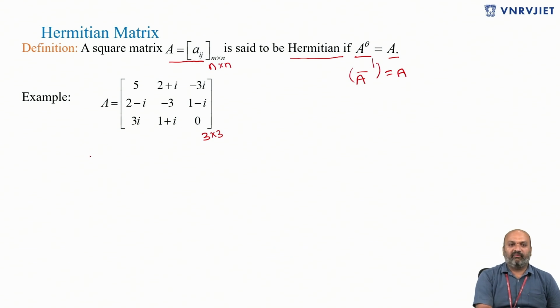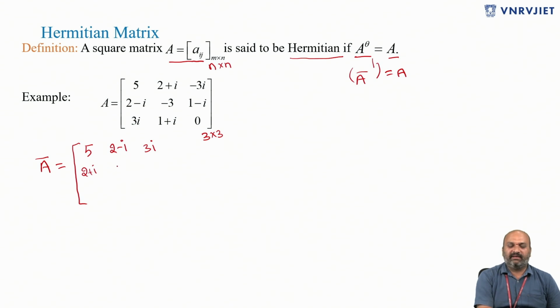First, we'll find the conjugate of the matrix, that is A bar. 5 is a real number, so its conjugate is itself. 2 plus i, the conjugate is 2 minus i. Minus 3i, the conjugate is plus 3i. 2 minus i, the conjugate is 2 plus i.